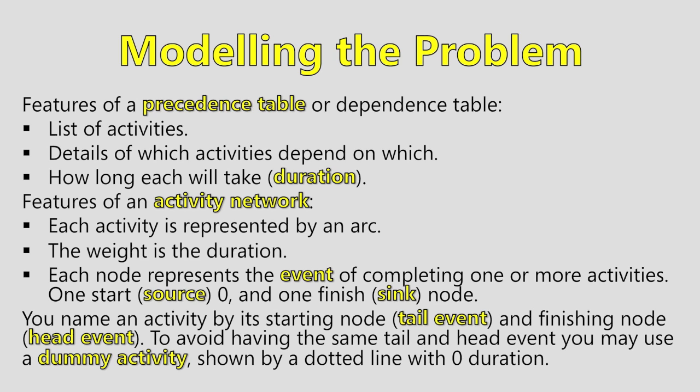But it wouldn't be that; it would be 2 and then 3, because in order. Then you would have E2,3, and that's the tail event and the head event for it, which is good. They can't be the same, which is why you would have a dummy activity, because you can't have the same identity, if you like.